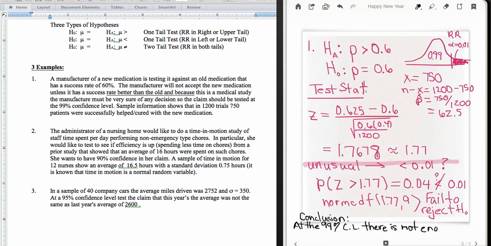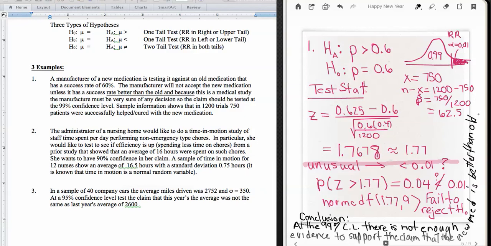So there is not enough evidence to support the claim that the new medicine is better than the old.